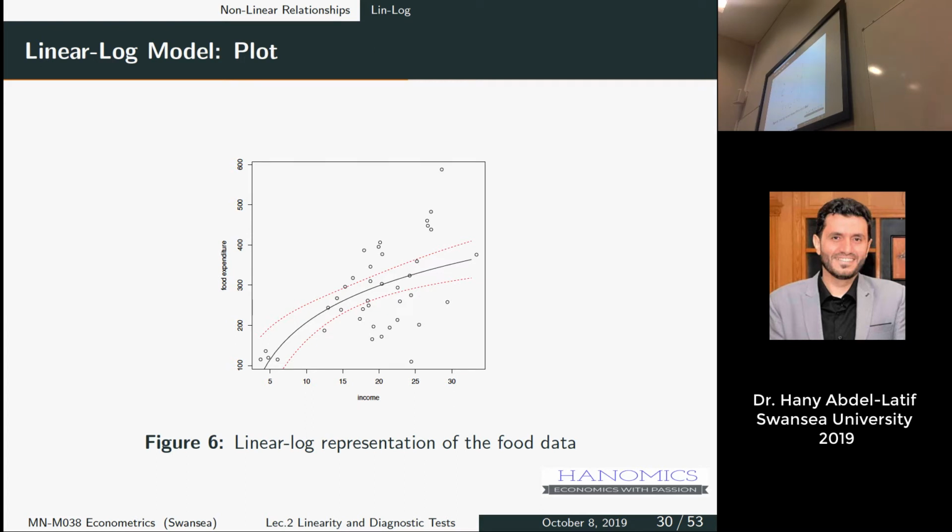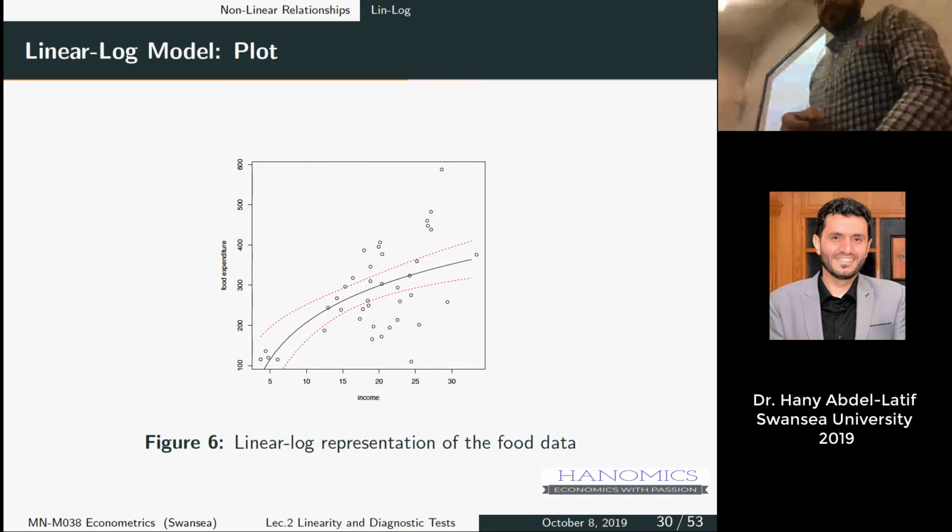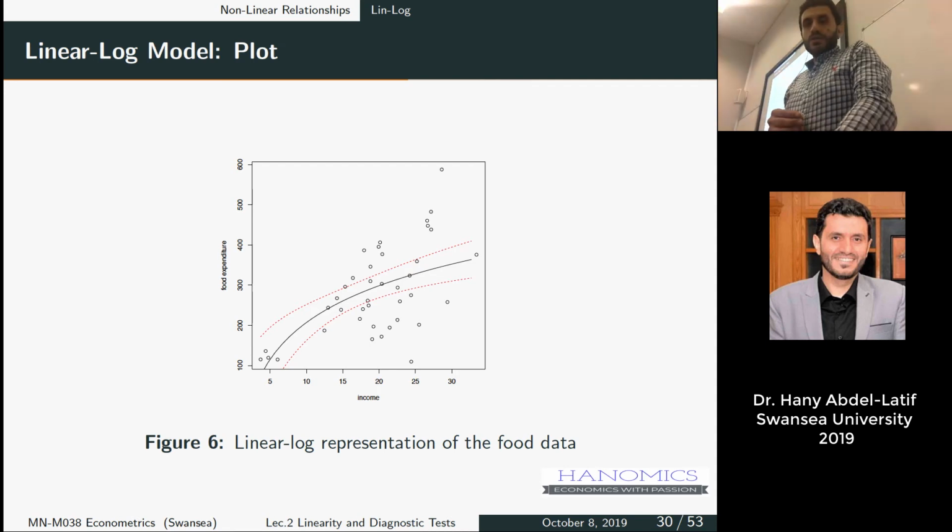Because you're very rich, you're actually spending a lot on food already. So if your income increases after that point, you probably would be spending on other stuff. Maybe you'll get a nicer house or a nicer car, or you do something else. You're not actually going to spend more on food. Anyway, this is how it looks.